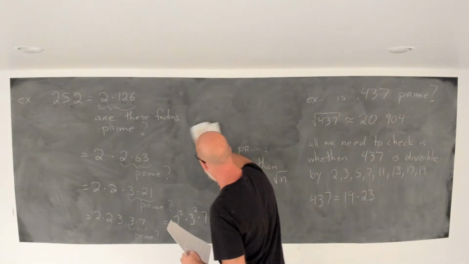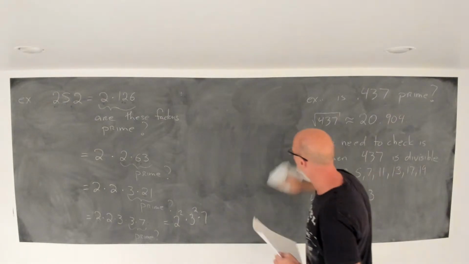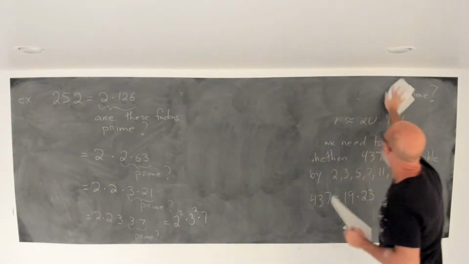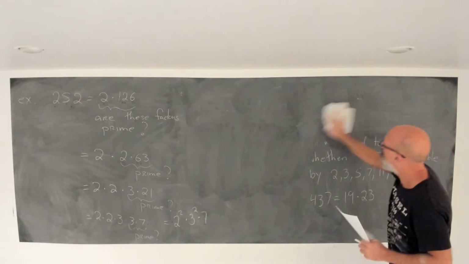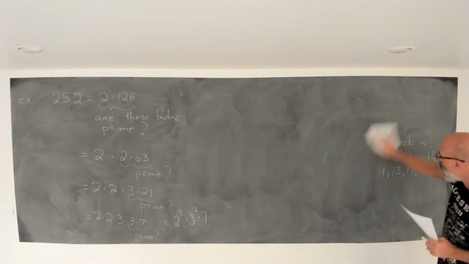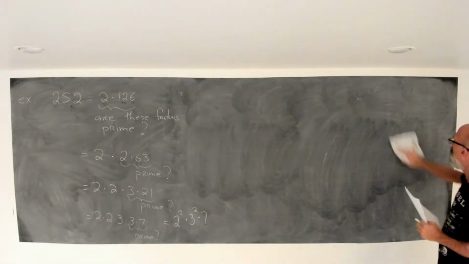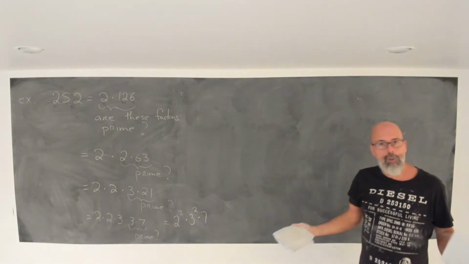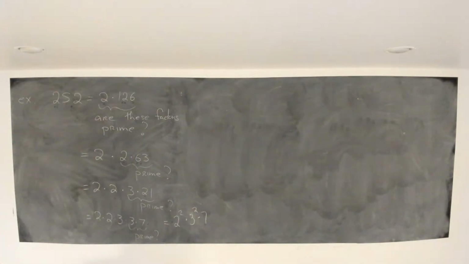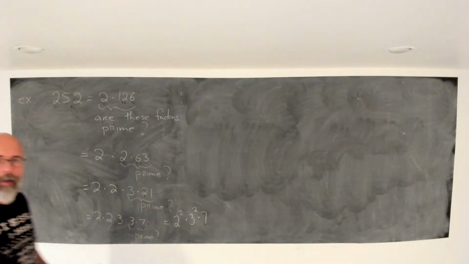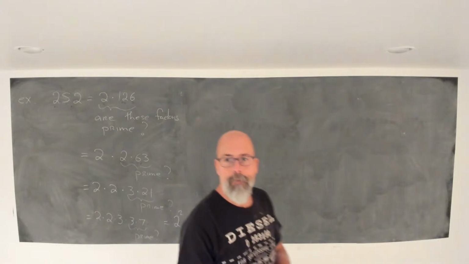If you think about it, this can always be done. You take a number, and you can always decompose it. First of all, if the number is prime, you're done. If the number is not prime, you can factor it, and then repeat on each of the factors.